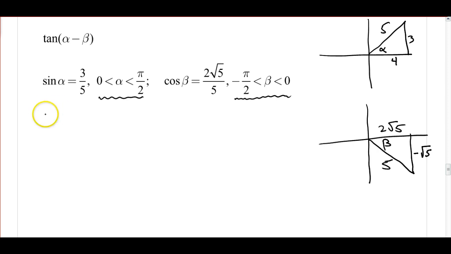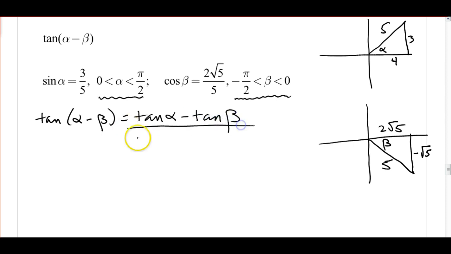Alright, so we've got tangent of alpha minus beta. That's going to be tan alpha minus tan beta over 1 plus tan alpha tan beta. Alright, so then we're going to refer to our two triangles to find all of these trig functions here.